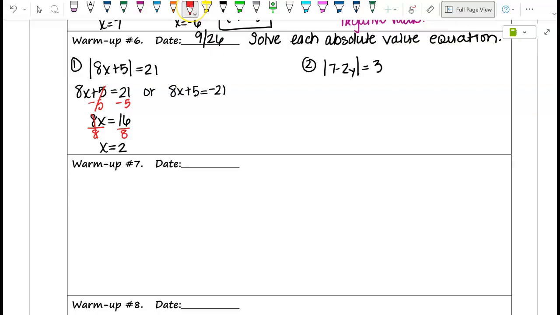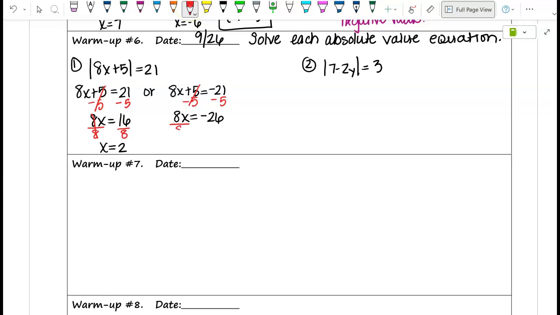Go to the second equation. Again, I'm subtracting 5 because I'm doing the opposite of what I see. Now I have 8x equals, I have a negative 21 minus 5. Anytime you have the same sign, you're really adding them together and keeping the sign. So this would be negative 26.